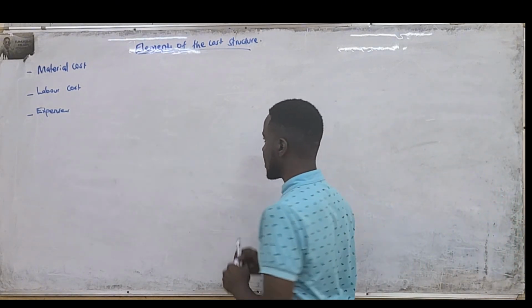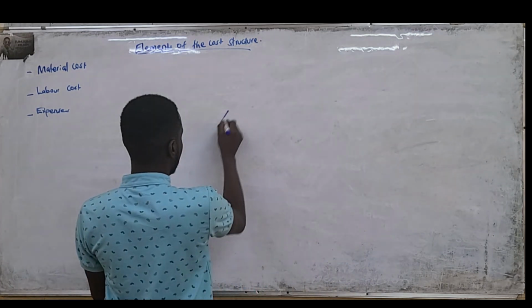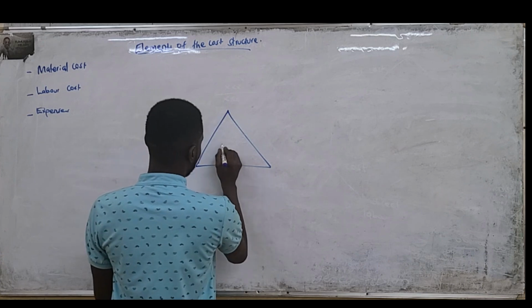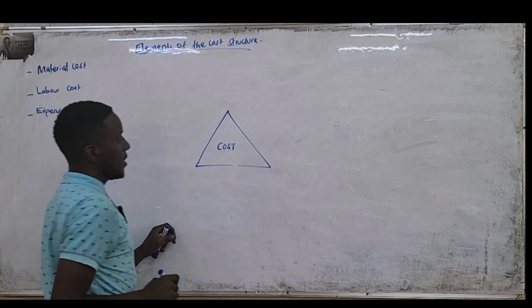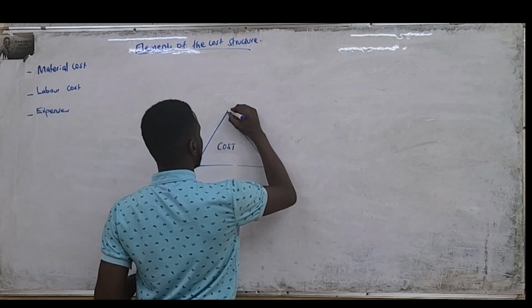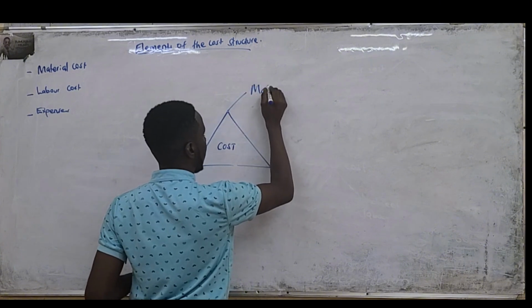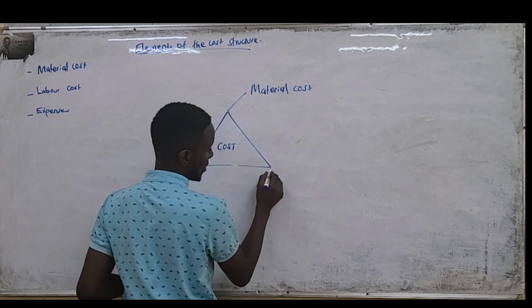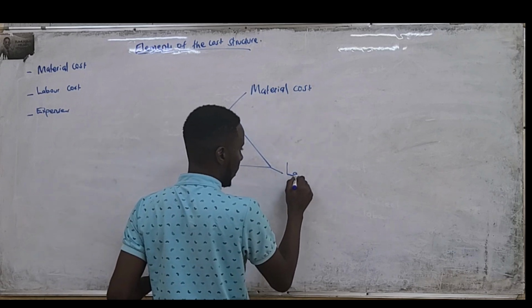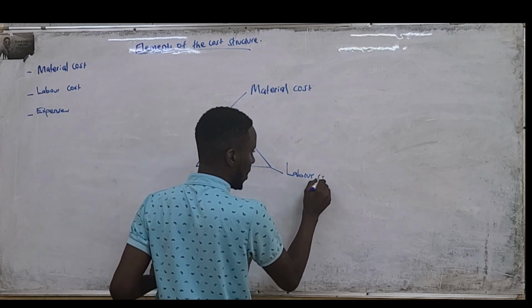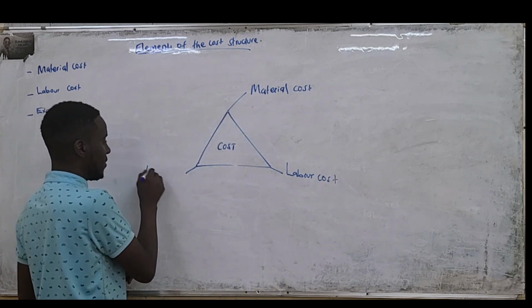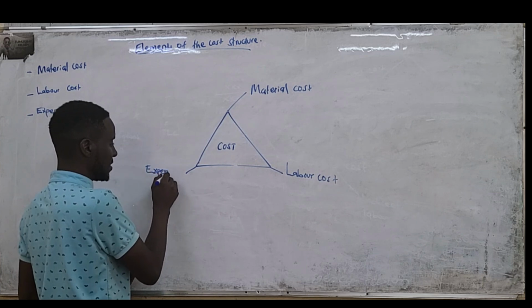So there are three elements, and let me sum it up like this. So we shall have what we call cost here. Then we shall have material cost, labor cost, and then we shall have the expenses.